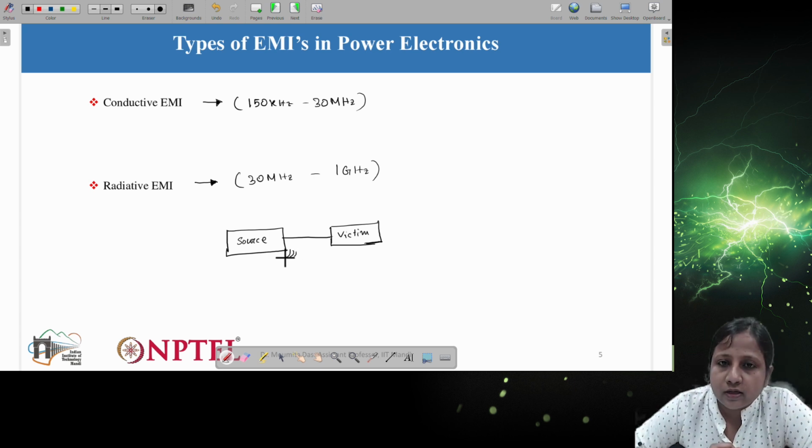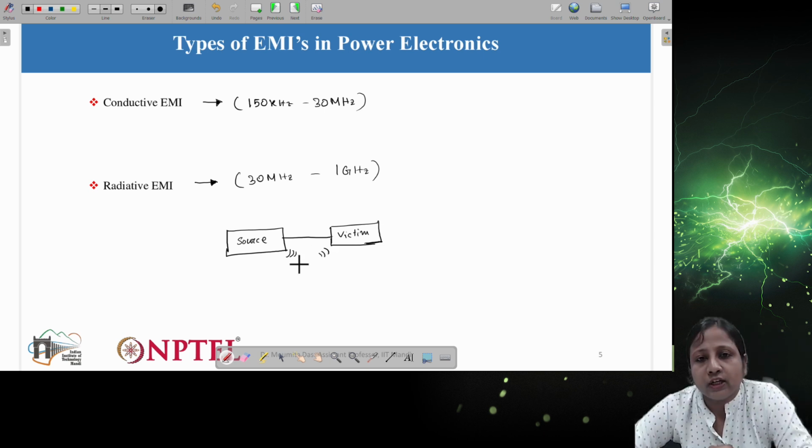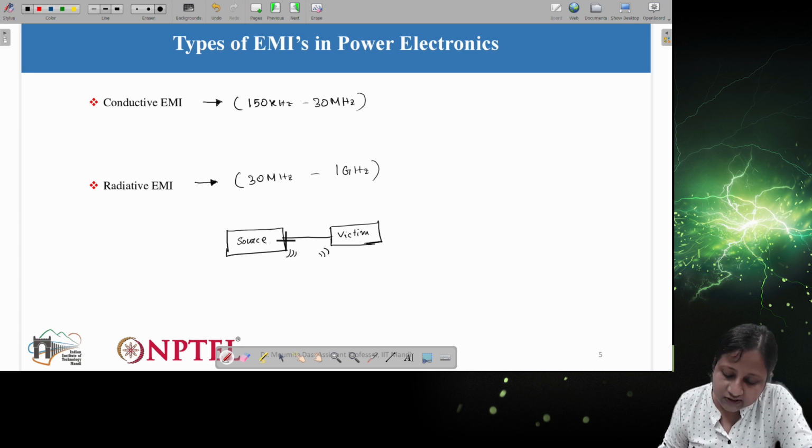This radiated EMI will come from the source and affect the victim which is placed next to it. So in this kind of noise, an actual path need not be there to affect the system. It will be through the radiation which is coming from the source and affects the victim. Okay.